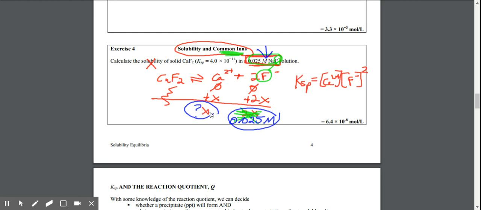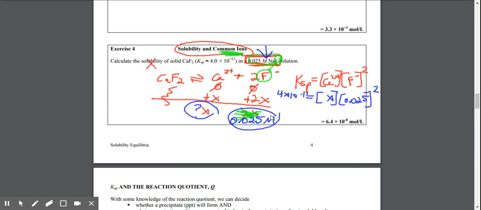So in order to solve for X, I'm going to have to plug in my KSP value, which is 4 times 10 to the negative 11. And I'm going to have to plug in my Ca value, which is just X, what I'm solving for. And this F minus value, which is 0.025 squared.